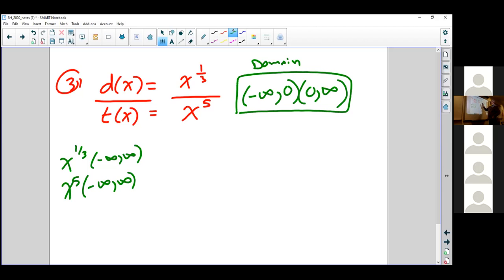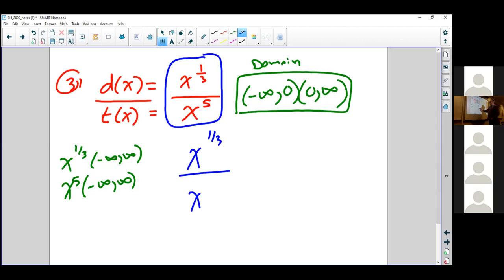Now, where I'd like you to go with this is you kind of want to isolate your x's. So I'm fine with the domain here. The domain's not going to change at all anymore. But what I'm going to do is realize that's x to the 1/3 over x to the 15/3.